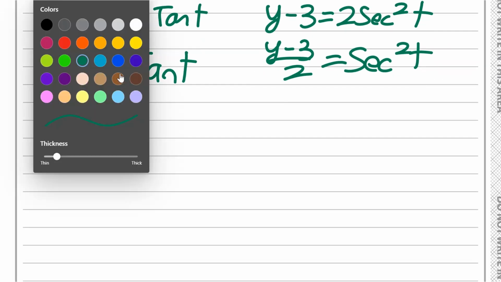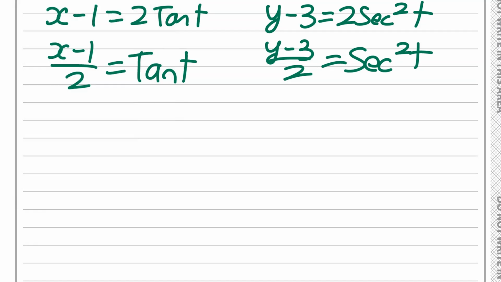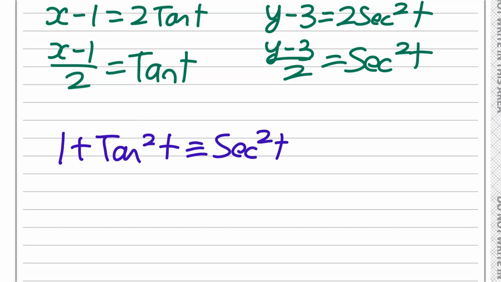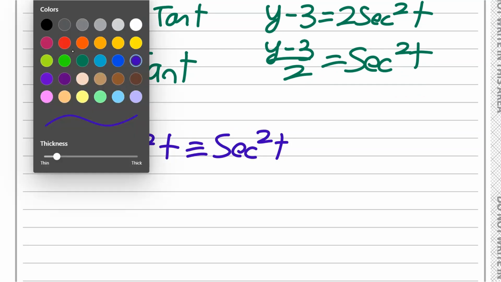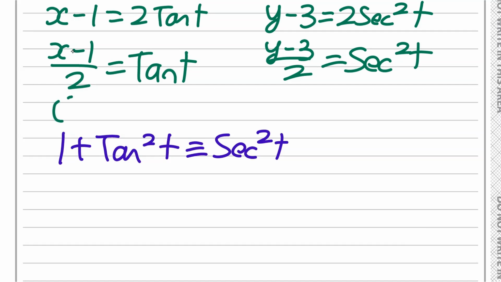So we're going to use the identity that 1 plus tan squared t is equivalent to sec squared t. Now be careful, because here we have a sec squared t and here we only have tan t, so we need to square everything in this equation here. So this is going to be x minus 1 over 2 squared is equal to tan squared t, like this here.